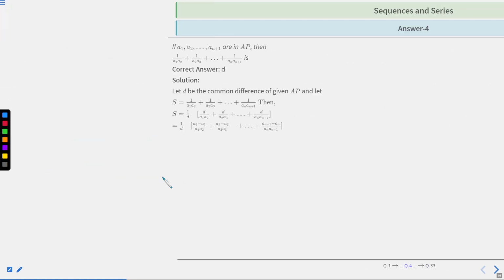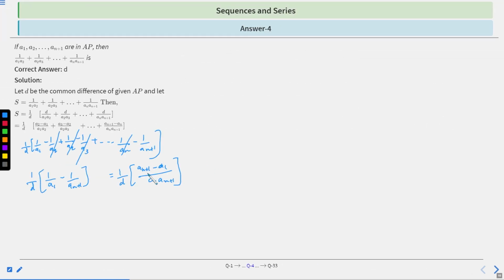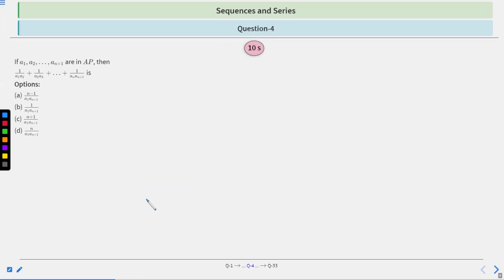So now AN plus 1 is basically A1 plus N D. So after replacing this, the answer is N upon A1 AN plus 1. So S is equal to N upon A1 AN plus 1. So option D is the right choice.